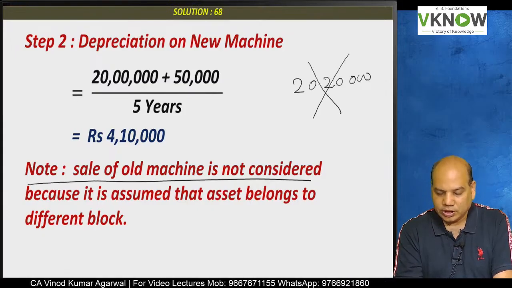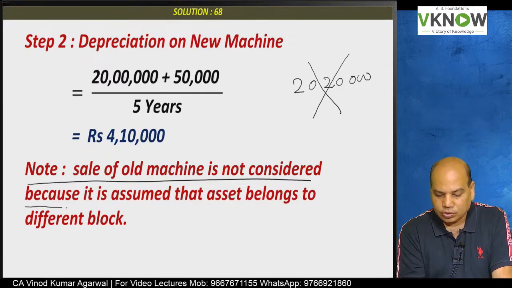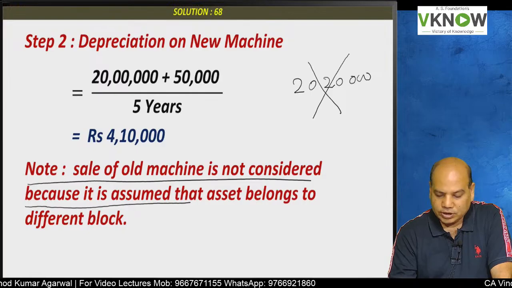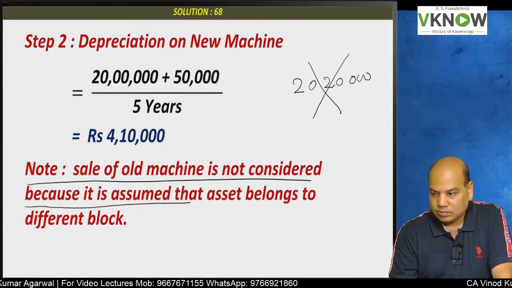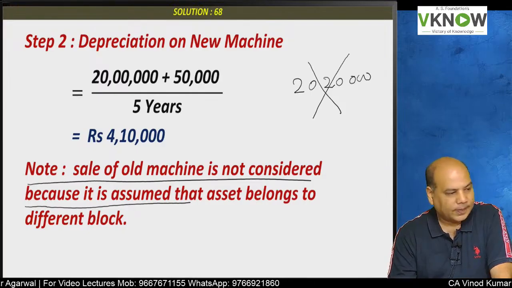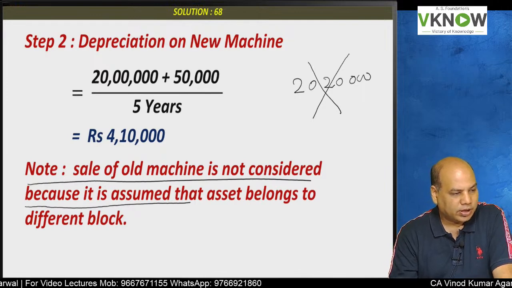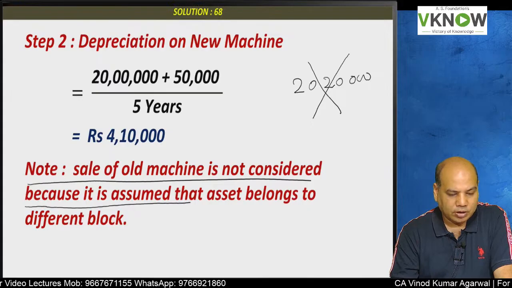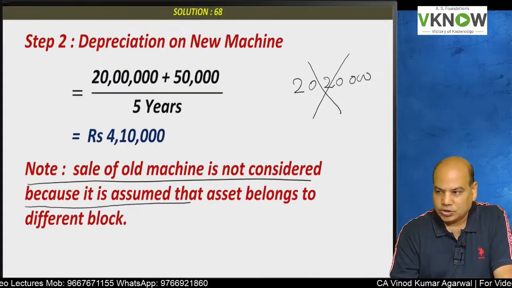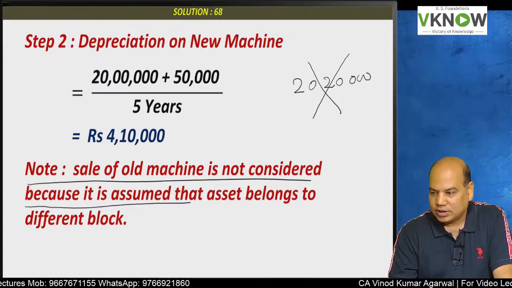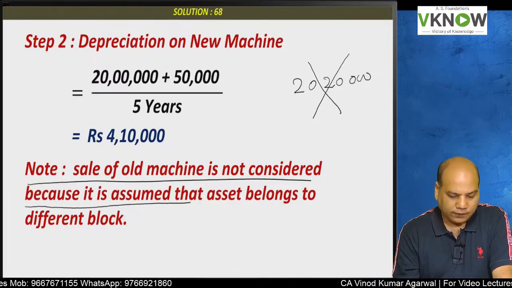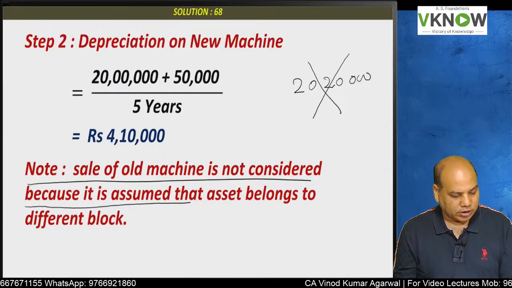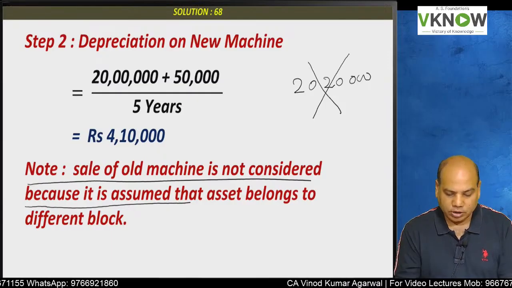The reply to that question is, sale of old machine is not considered, because it is assumed that the asset belongs to a different block.